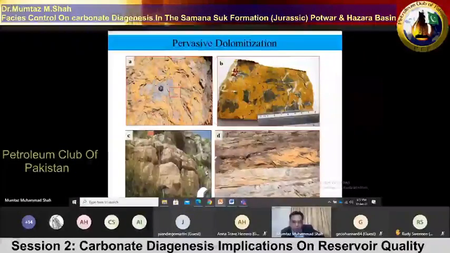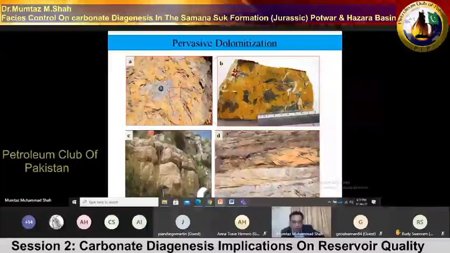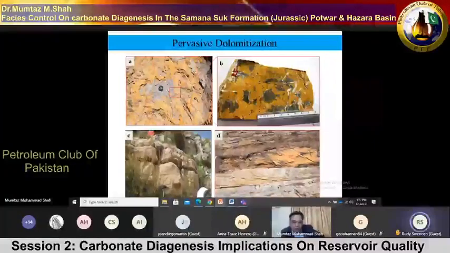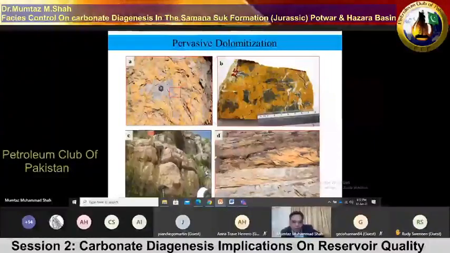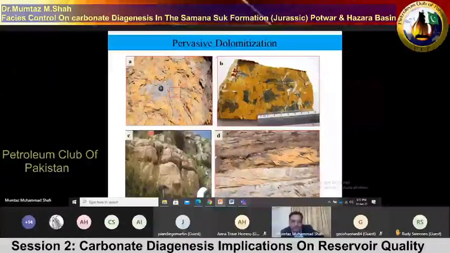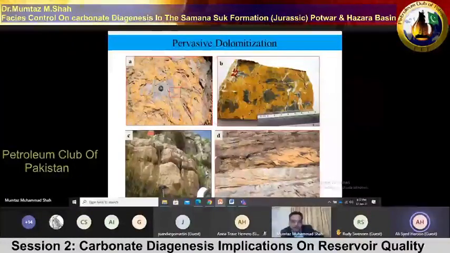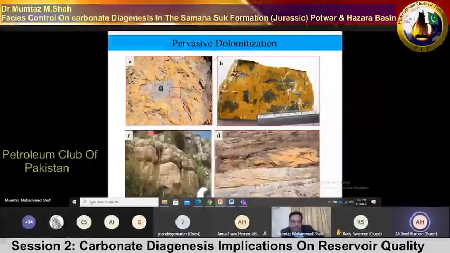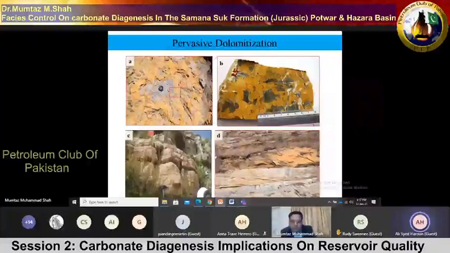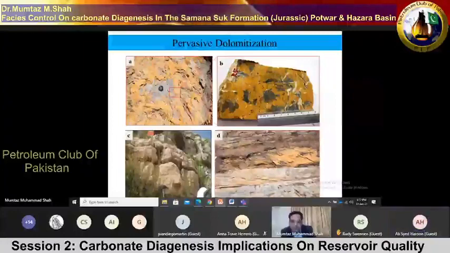Fracture filling calcite. Is it okay? I'll wait for a while. Sir, maybe you can try to turn off your video, that can reduce the speed error.